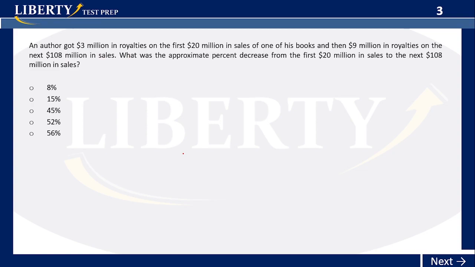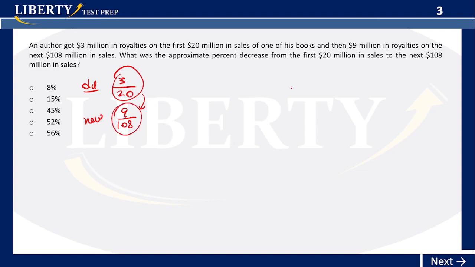So there's a change in the ratio. The old one used to be 3 million of royalties per 20 million in sales, 3 out of 20. The new one is 9 out of 108. So there's a change there. Of course, the first fraction is much larger than the second one.